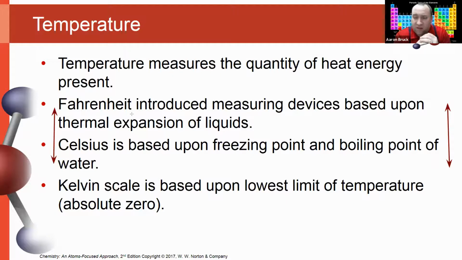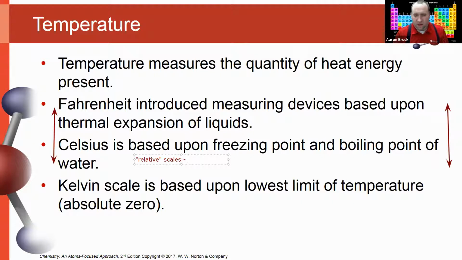Celsius works off of a similar kind of concept, but systematically defines the freezing point of water at 0 and the boiling point of water at 100. Fahrenheit, by the same token, does similar things with Fahrenheit at 32 and 212 for the freezing point and boiling point as well. Problem with both of these scales is they are considered relative scales.